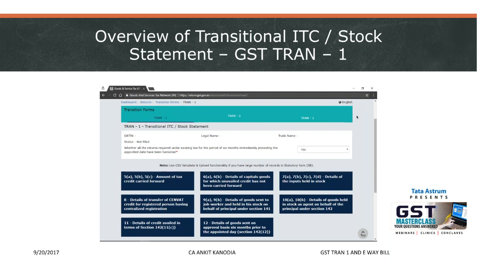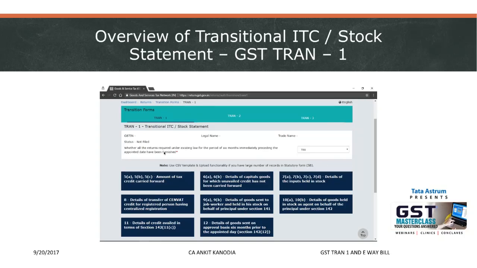Once we come to TRAN 1, the first thing there is whether all the returns required under existing law for the period of 6 months immediately preceding the appointed date have been furnished. There is a drop down option, yes or no. If you select yes, only then will you be able to submit the form.